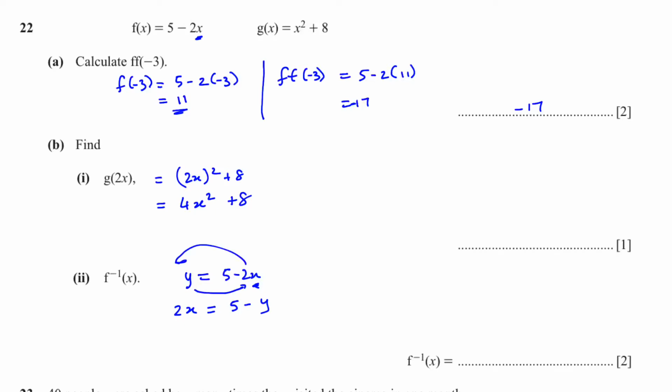The y we brought here, it became negative. This is a multiply. When I bring it to the other side, it's going to be a divide. Now that you have made x the subject, write it as f inverse x and replace your y with x. So your f inverse x is 5 minus x over 2.